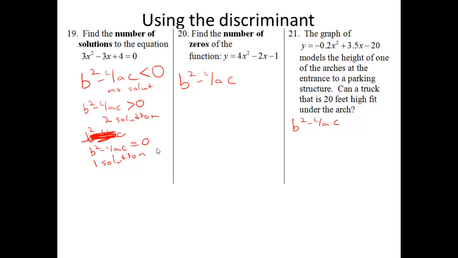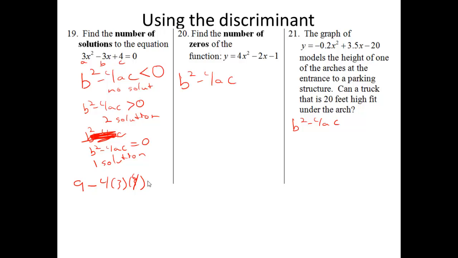So let's take a look at number 19. Again, this is going to be A, this is going to be B, this is going to be C. So B squared, which is negative 3 squared, is going to be 9 minus 4AC, which is going to be 4 times 3 times 4. 4 times 3 is 12, times 4 is 48.